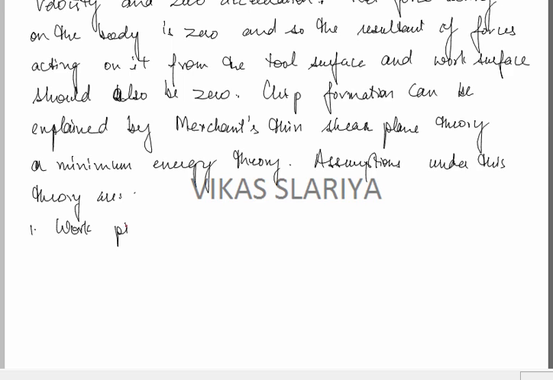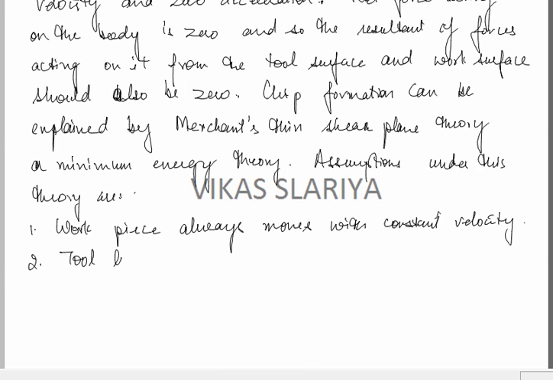Workpiece always moves with constant velocity. Tool has its width more than that of workpiece.